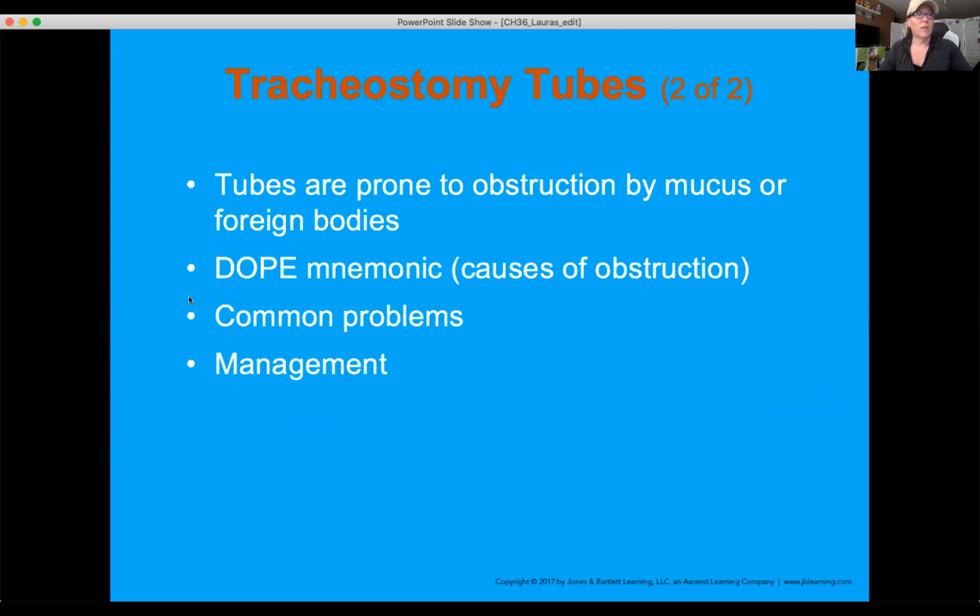All right, so they're prone to having those mucus plugs end up in the trach tube. Use the DOPE mnemonic. When we talked about other equipment, we used the DOPE mnemonic, and we use it when we have an equipment failure. DOPE stands for displacement, and then obstruction is the O, P is the patient. Did the patient wake up, come out of sedation, or is there a pulmonary embolus, or maybe a pneumothorax that has occurred?